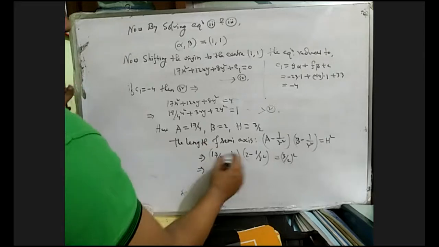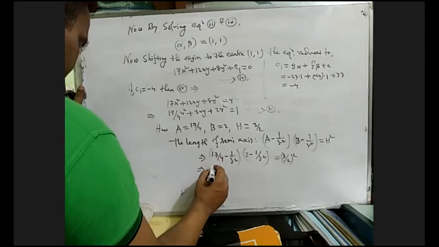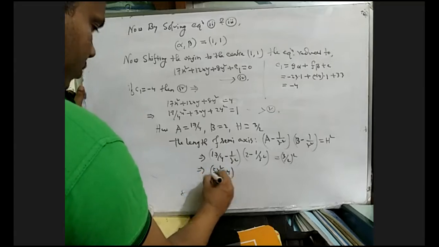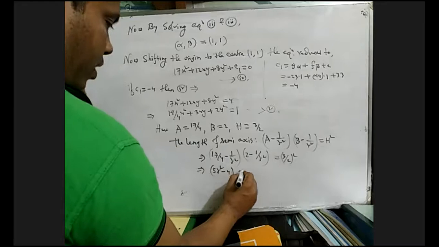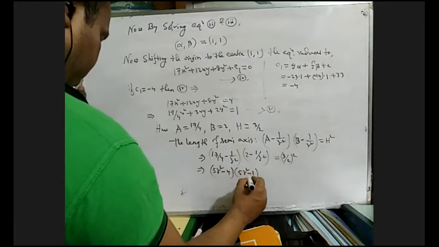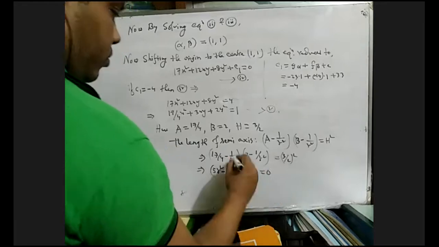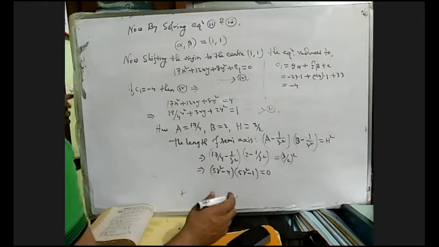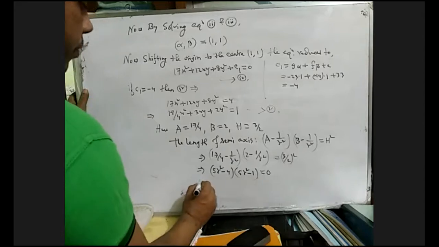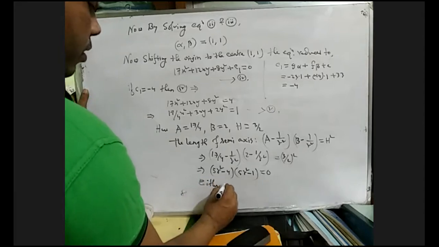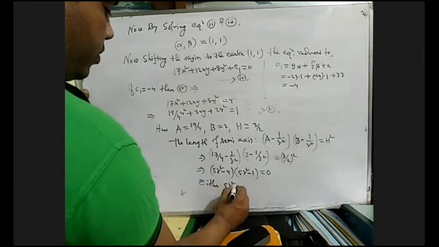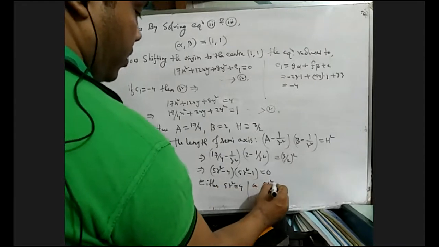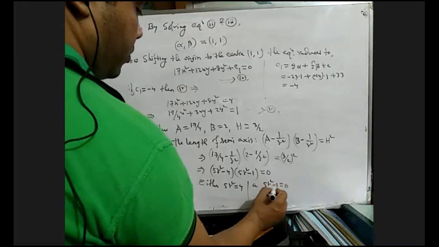So after solving this, we get two factors, 5 r square minus 4 and 5 r square minus 1, equal to 0. So either 5 r square equals 4 or 5 r square minus 1 equals 0.